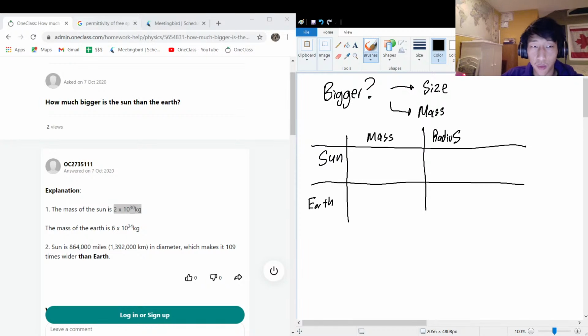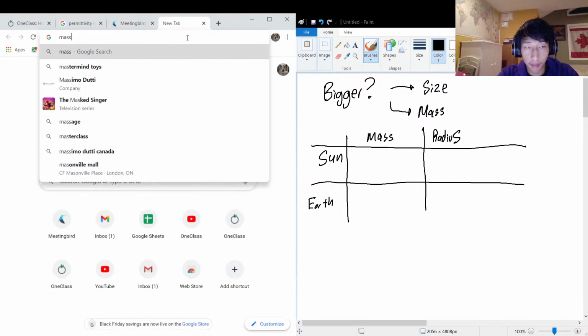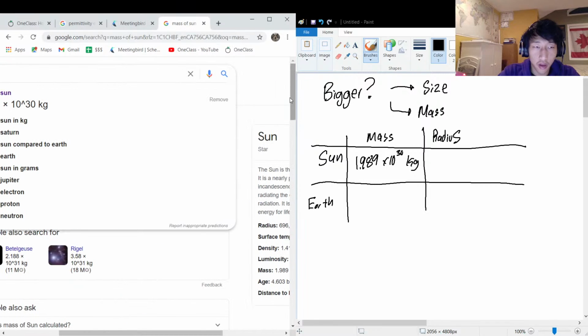Okay, so we can open up a new tab here. We can Google mass of sun. Mass of sun, it's pretty heavy. 1.989 times 10 to the positive 30 kilograms. Now what about mass of Earth?